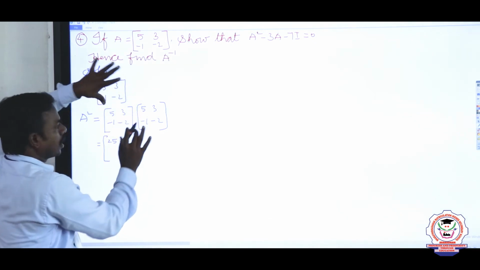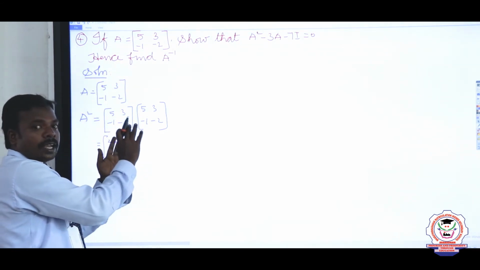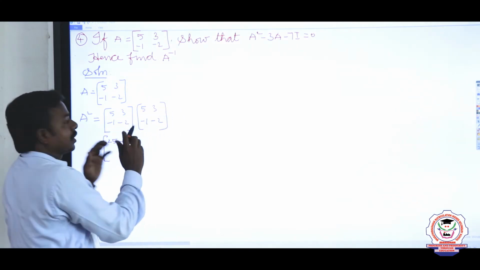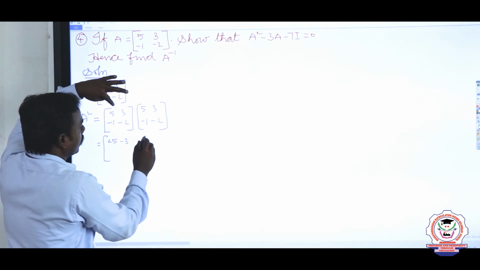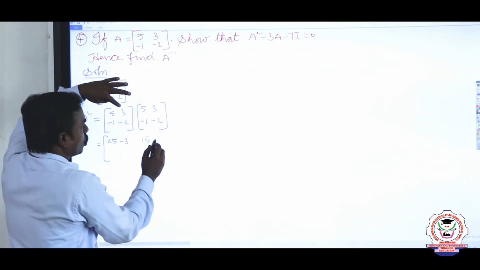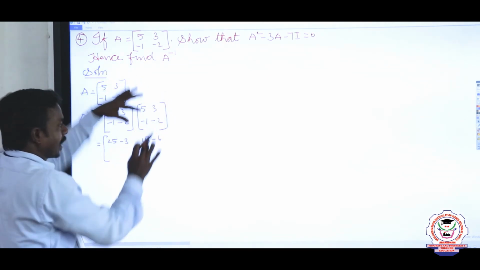So, first row first column over. So, first row of the first matrix operated on second column of the second matrix. So, 5 into 3, 5 3s are 15, 3 into minus 2, minus 6. So, first row second column over.